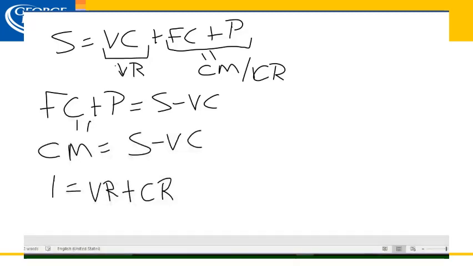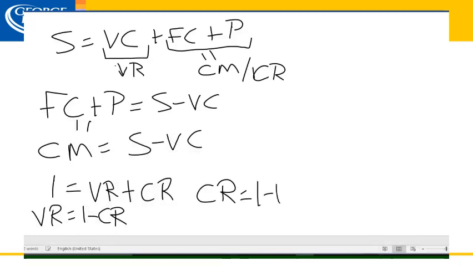If you were to rearrange this to isolate for either your variable rate or your contribution rate, your variable rate would be 1 minus your contribution rate. And if you were to do it the other way around, your contribution rate would be equal to 1 minus your variable rate. Okay? That might get a little confusing.